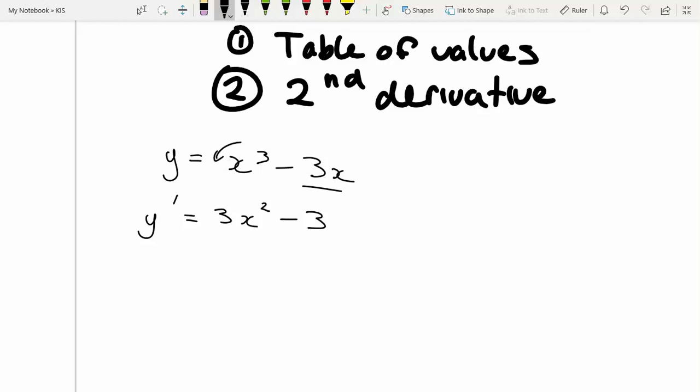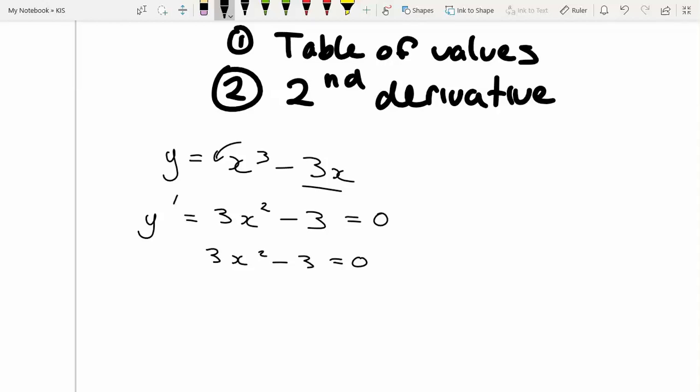Now that we've done that, we need to solve for when that equals 0, because we want to figure out when the derivative is equal to 0, because that will tell us the turning points. So we get 3x squared minus 3 is equal to 0. We can do two things here.